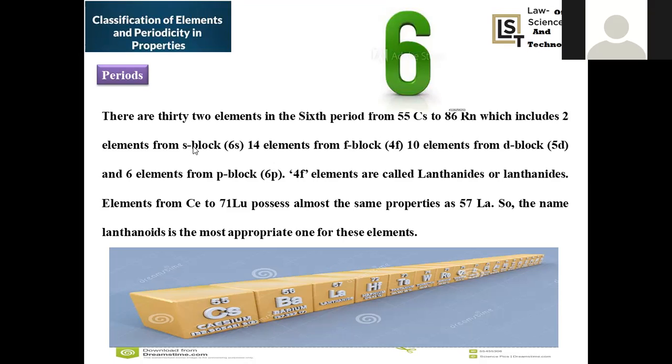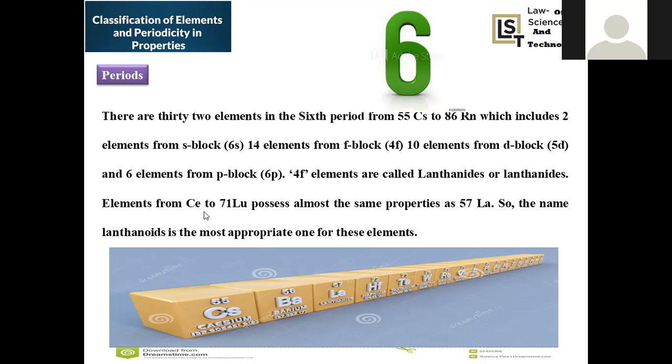Okay. So here S block elements of 6s will be there, followed by 14 elements of F block. 4f series will be included. So here 2 plus 14, 16, and 10 elements with contribution of D block. 16 plus 10, 26, followed by 6 elements contributed by P block elements, right? 26 plus 6, how many? 32 elements.